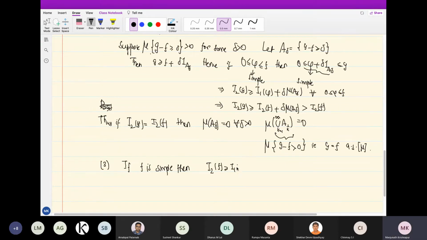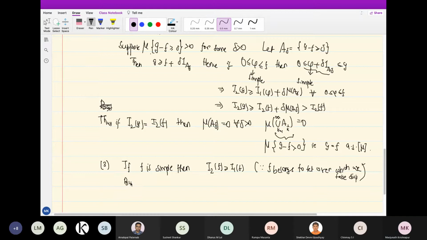is greater than or equal to I1 of f, because f belongs to the set over which we take the supremum. We take the supremum over simple functions between 0 and f, and f itself is simple, so that is there.